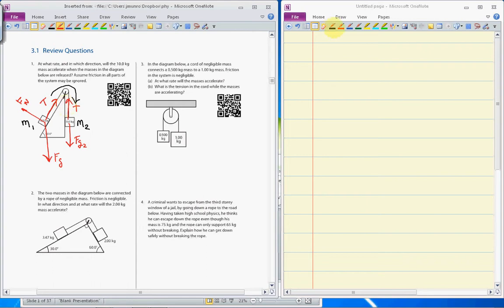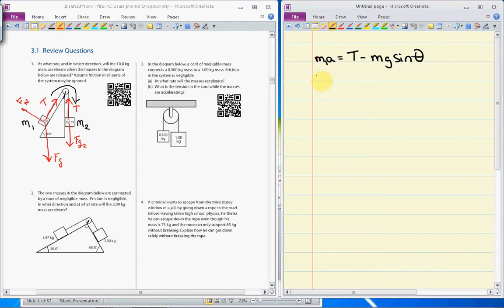So let's just write our equations for each one. The net force acting on M1, M1A, is equal to the tension up the slope minus mg sine theta. That is the component of the force of gravity that is parallel to the slope.